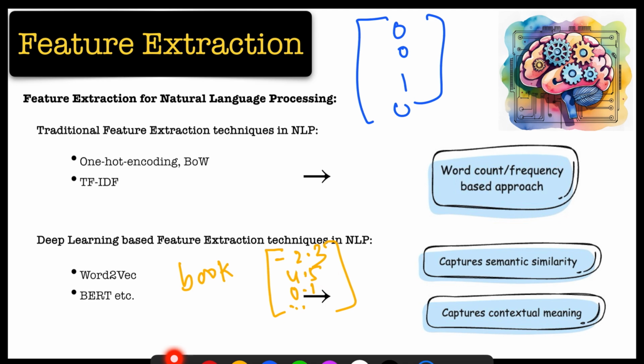So this might be something like minus 2.3, the first attribute it can be representing, if it is related to education, the second one maybe if it is for the people and all this, right? So we don't know what these features, what these values are, but we'll train it in such a way that book can be represented better in these vectors.